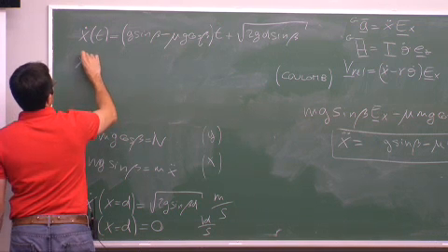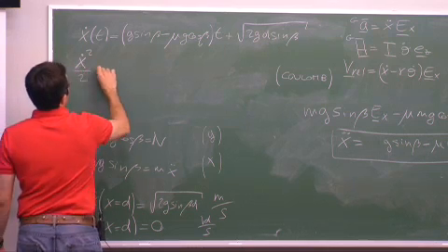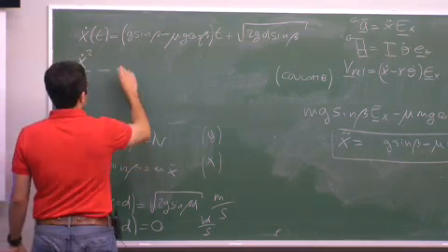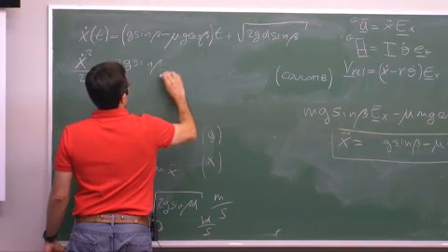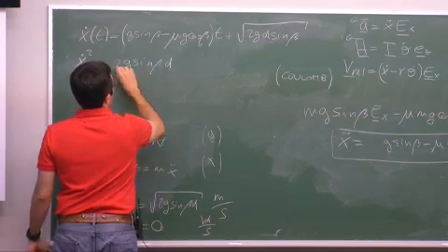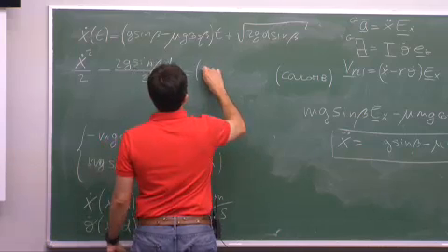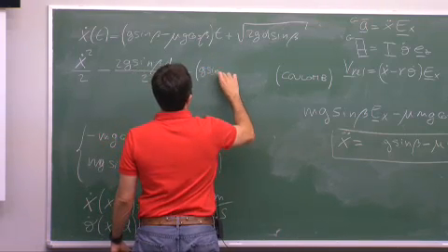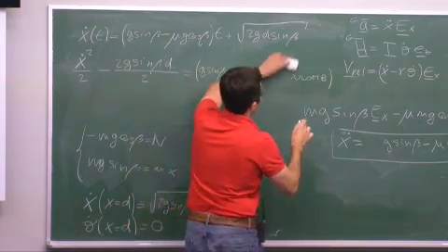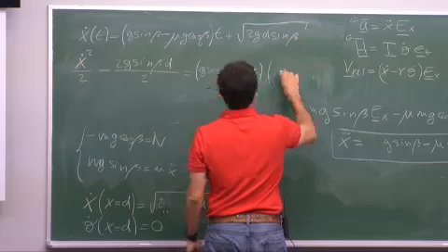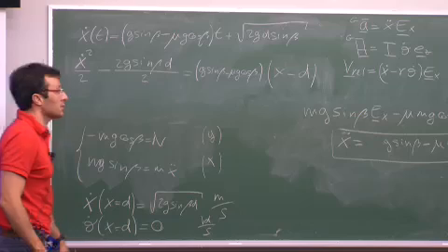I have x dot squared over 2 minus this squared over 2, because that would be my initial condition, is equal to this ugly constant here times x minus d. Is that what I should get?